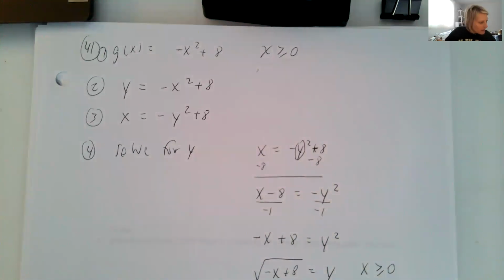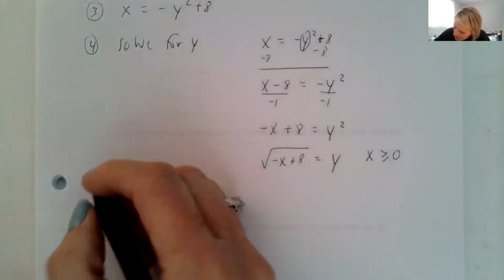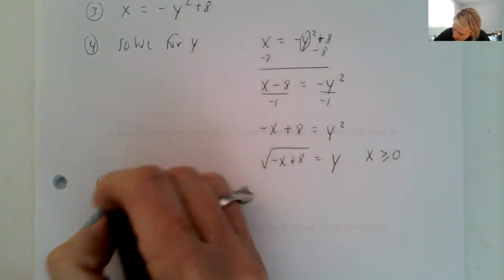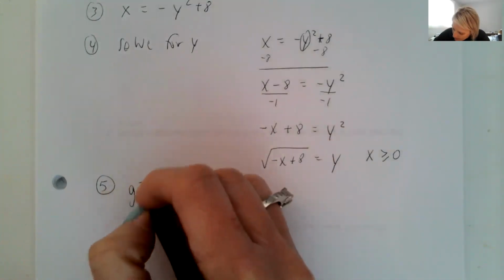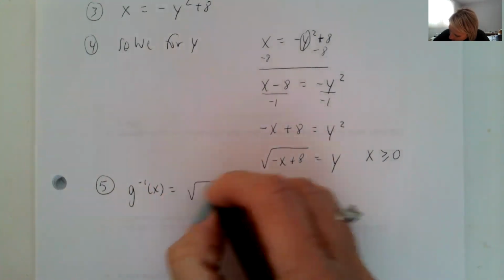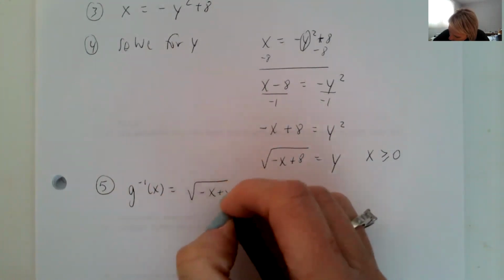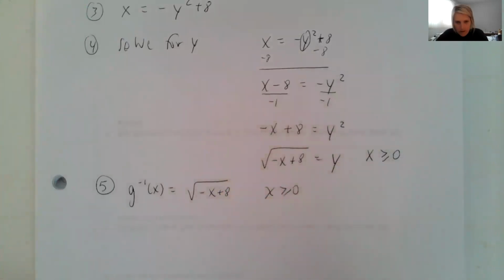That's going to be the same thing. And so then step 5 is always to rewrite it in function form. So we're going to say the inverse function of g is equal to the square root of negative x plus 8, restricting that to x has to be greater than or equal to 0.